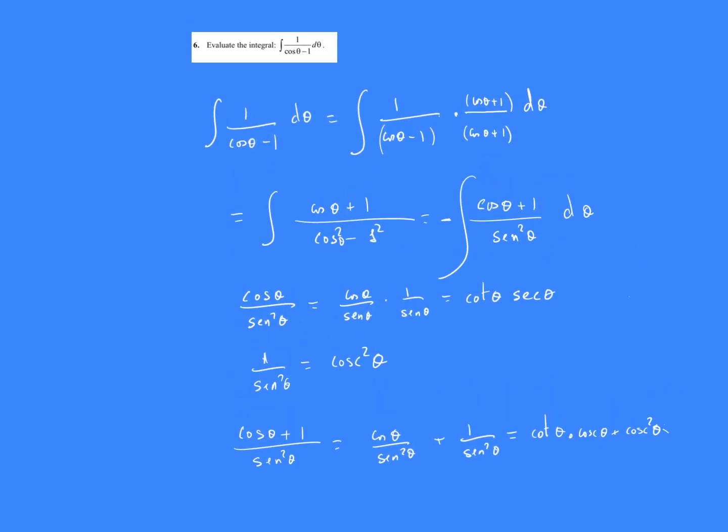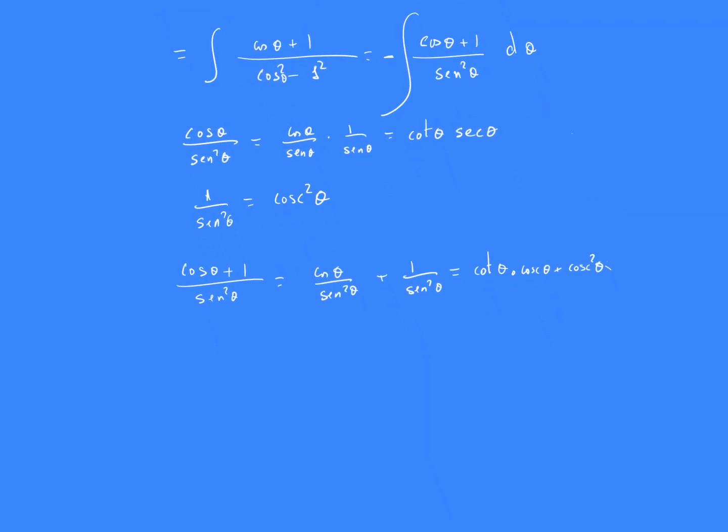So what we have said is that this integral is this thing. And now we have to find the antiderivative of cotangent theta cosecant theta plus cosecant squared theta d theta.